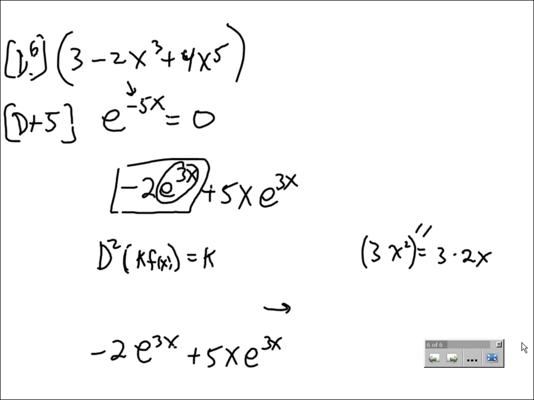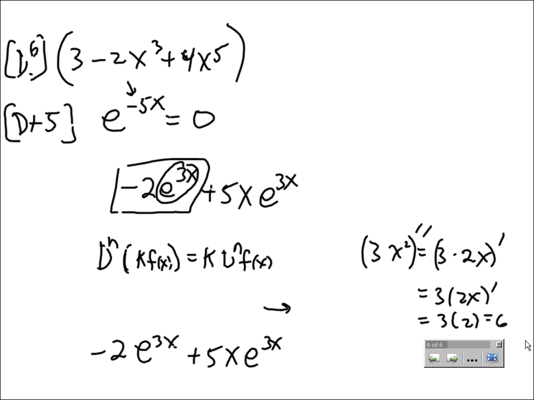Even if you want to take the second derivative, that 3 comes out. This is k times the second derivative of f of x. Constants always come in front. It doesn't matter whether it was the second derivative or the nth derivative.